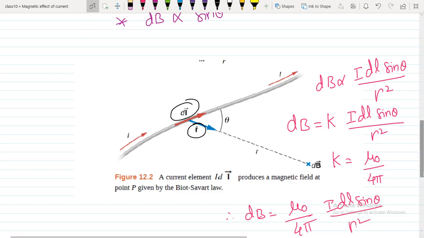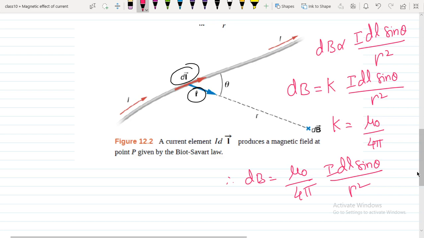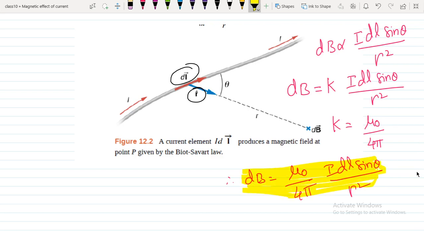So this expression gives the amount of the magnetic field at that particular location. Magnetic field is a vector, it has direction, and we can get that from this formula if I rewrite it.